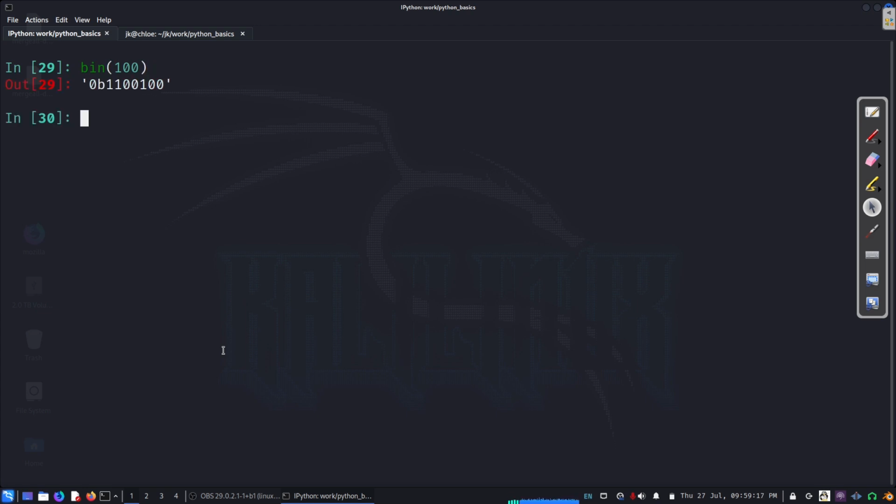And similarly we have octal numbers. I can say, for example, oct of 32, which is 0o40, basically 40 is the octal representation. And similarly for hexadecimal, you might have guessed, hex of 32.